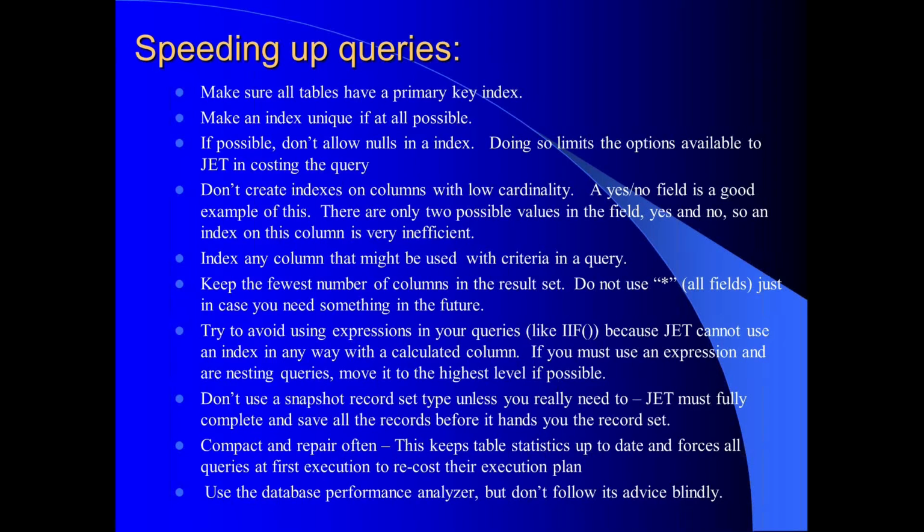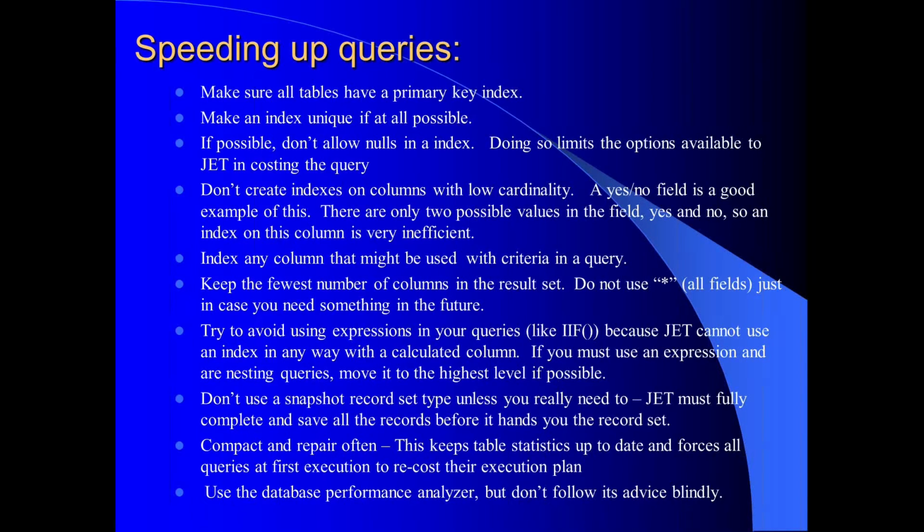When Jet goes to execute a query, or any database engine, the first thing it does is it costs it. And that is the process of looking at what you've requested and all the different ways it can accomplish that. And there's various things. It can read through the table. It can use one index and merge it with another. It can read an index backwards because you put a sort order on it.